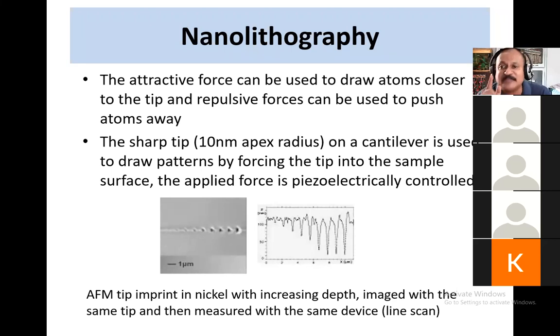So the movement of this cantilever is because of a special type of material which is called a piezoelectric crystal. The special property of the piezoelectric crystal is that if you apply a small voltage difference, then this piezoelectric crystal will increase or decrease in size. So the length of the crystal will change when you apply a voltage, and that voltage is very, very small.